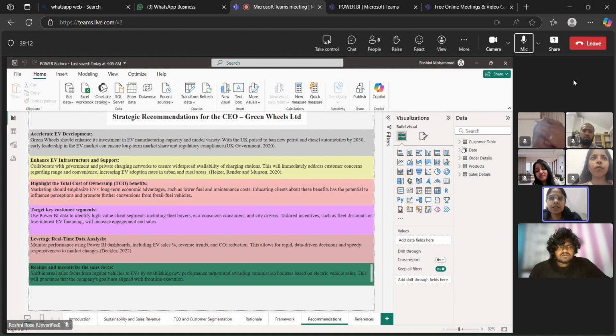Green Wheels should invest in EV production and models and diversity to gain early market advantage and comply with the UK's 2030 petrol and diesel vehicle ban, UK government 2020.